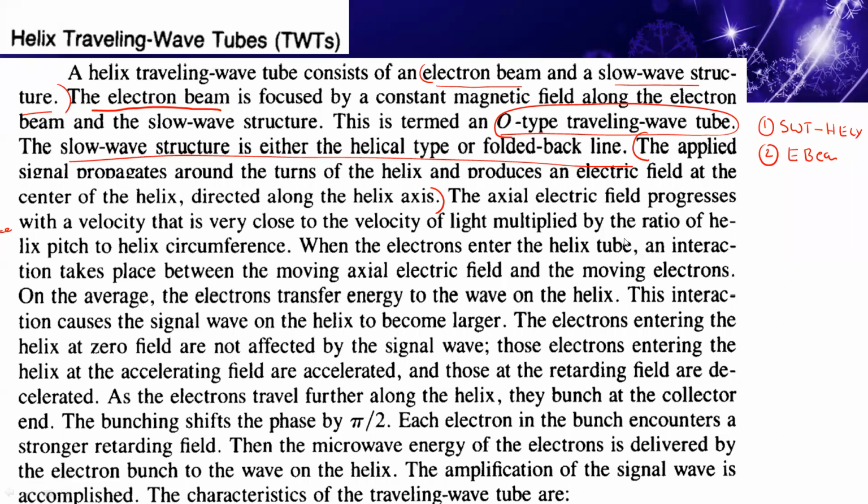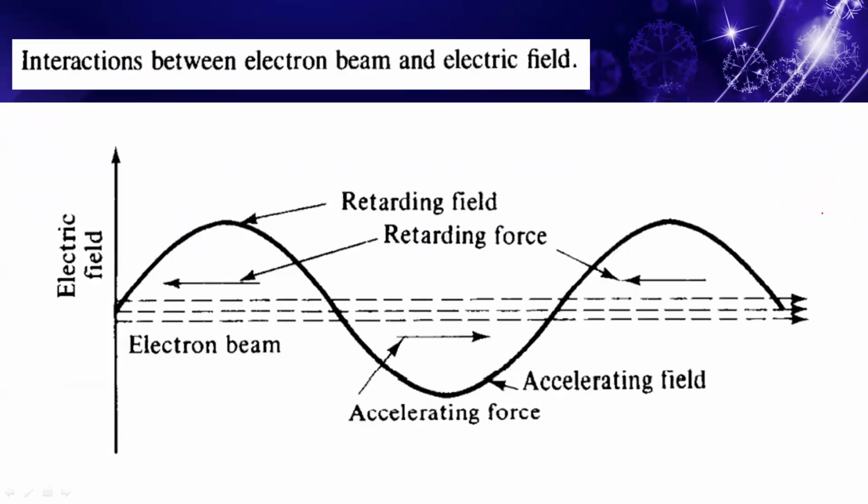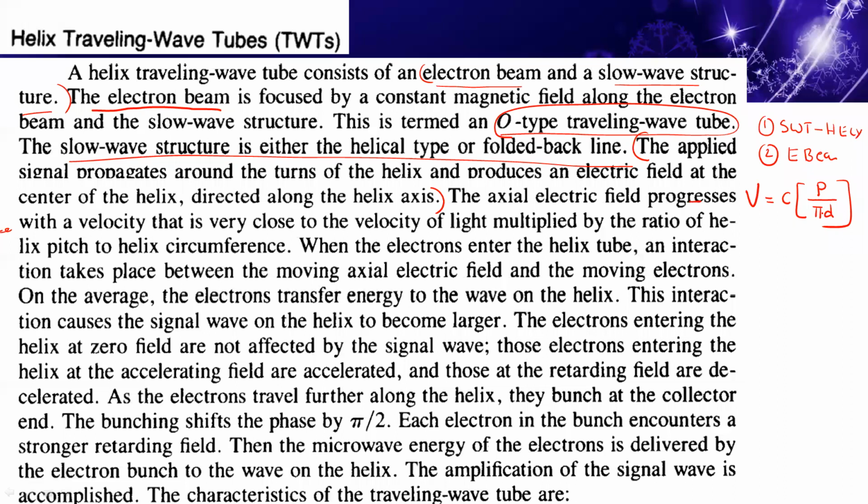To simplify, the velocity of the signal can be represented by the velocity of light multiplied by the pitch of the helix to the diameter, that is C into P by D. I already mentioned it previously, C into P by D. Nothing but this is the axial electrical field.